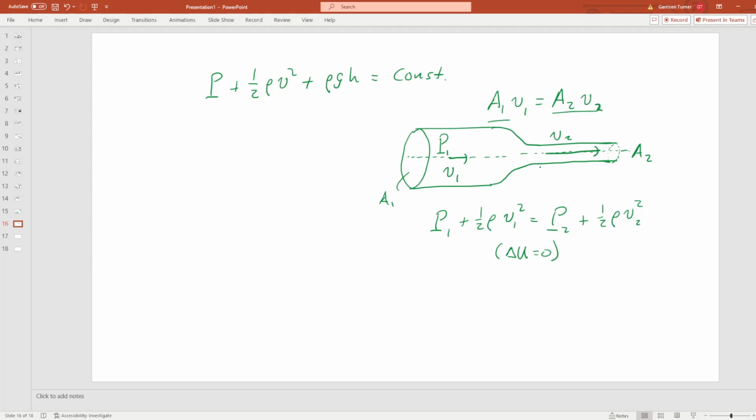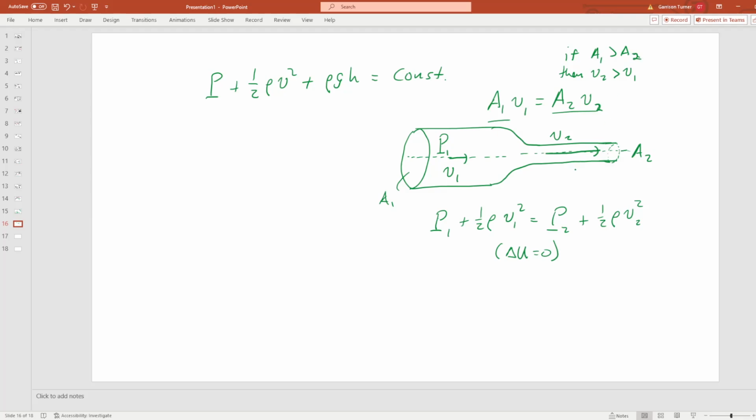So whatever the ratio of A1 to A2 is, that'll be the ratio of V2 to V1. Okay? So if A1 is larger than A2, then V2 is larger than V1.